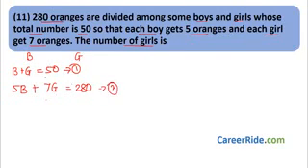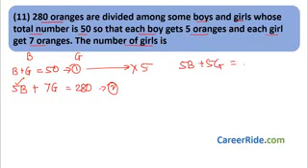Now let us find the number of girls, so we want the value of G. Let's eliminate B. How to eliminate B? Multiply equation 1 by 5. Why 5? Because here we have 5B and we want to eliminate B. So 5B plus 5G equals 250. This is equation 3.